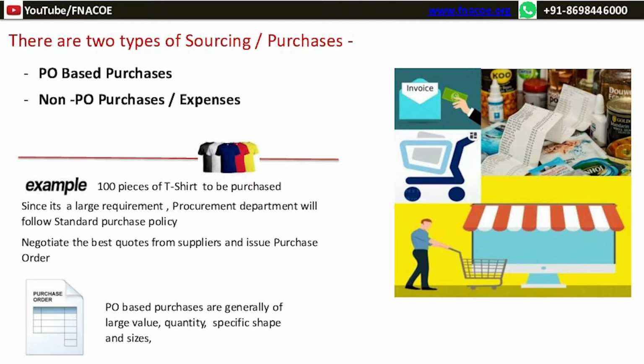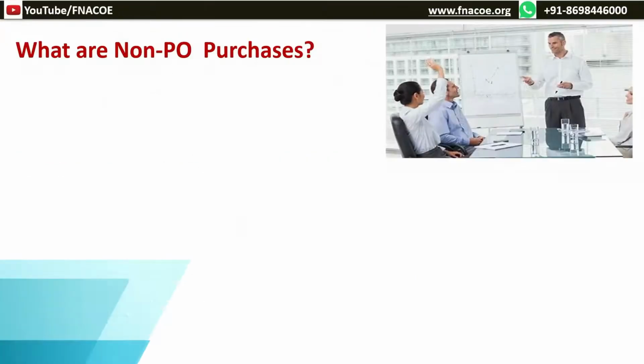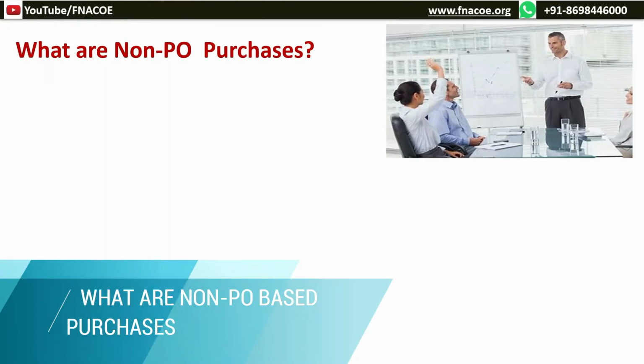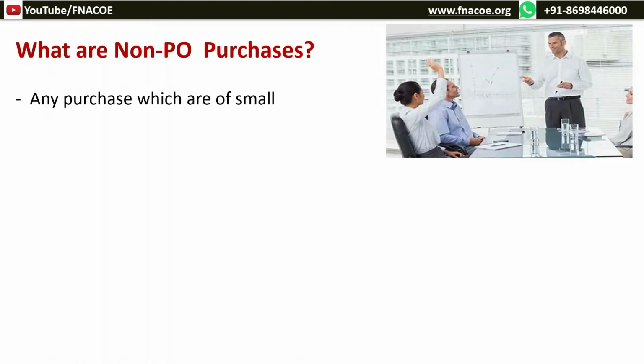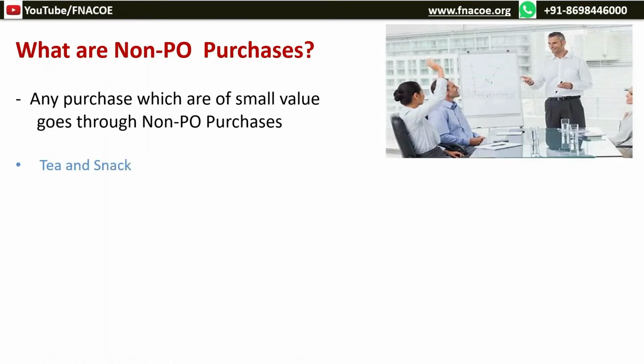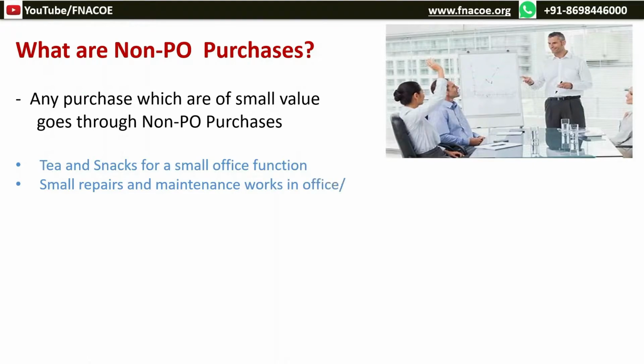Now let's talk about a key topic: non-PO based purchases. Any purchase that is of small value goes through non-PO. A simple example is tea and snacks for office staff. This is a small expense, right? It is not practical to go to four or five different shops, take quotations, and then issue a purchase order based on the cheapest snacks for the office party. The same goes for any small repair and maintenance work, like repair of an electrical switch.